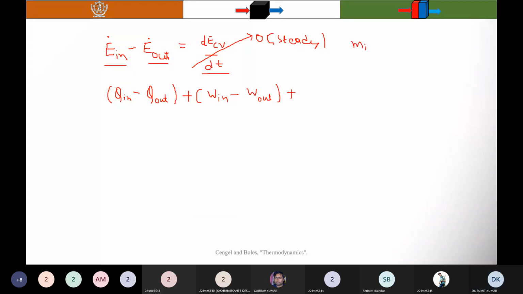m in, the mass flow rate at the inlet, is equal to the mass flow rate at the outlet. That is for the case of a steady flow device. So you can write that m.